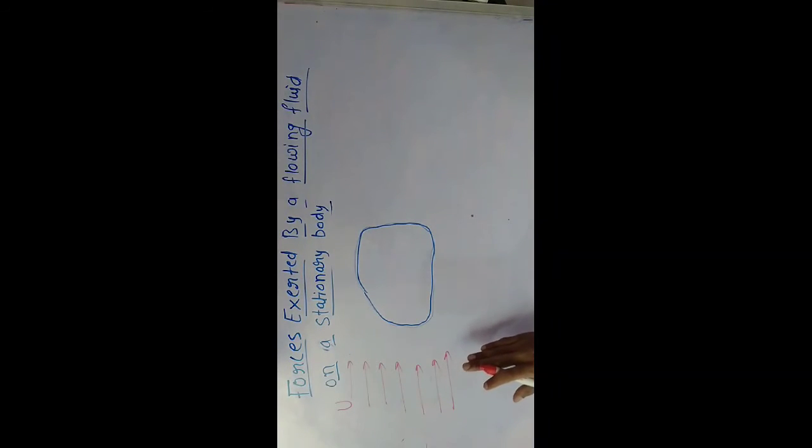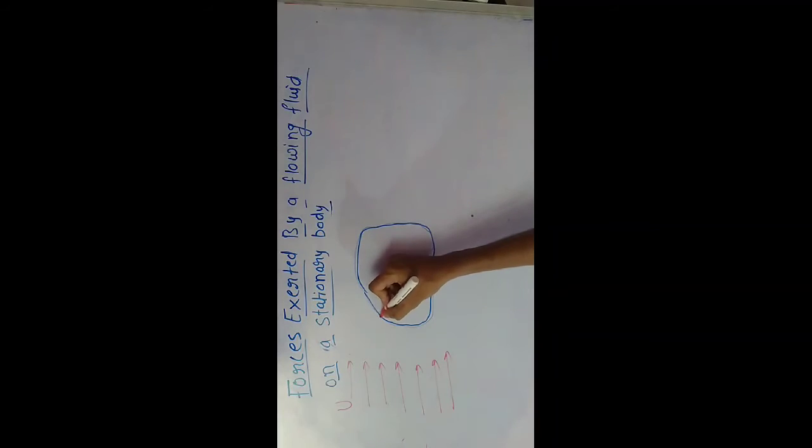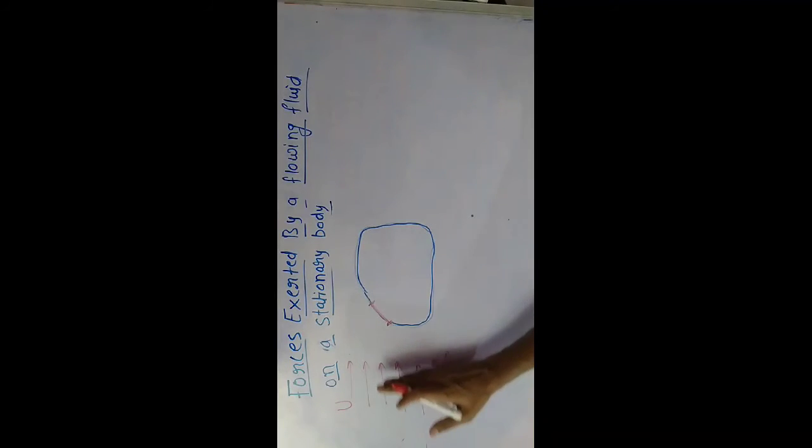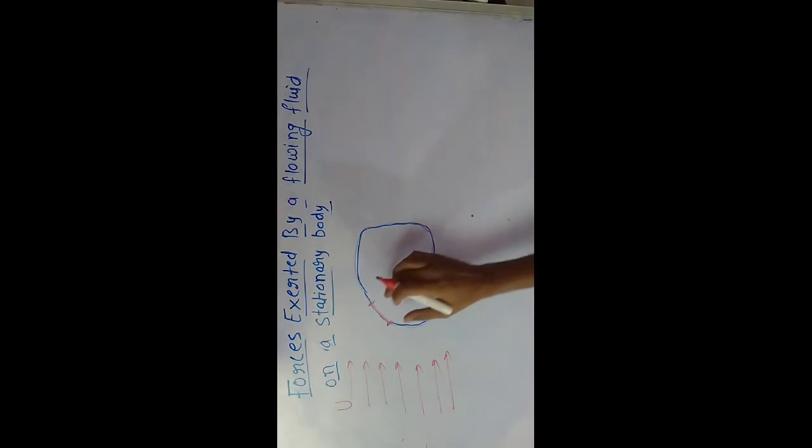So consider a small elemental area. Let us assume a small elemental area will be here. This is your small elemental area, in which let us assume fluid is flowing with uniform velocity u over this arbitrary body, and this is the small elemental area of magnitude dA.